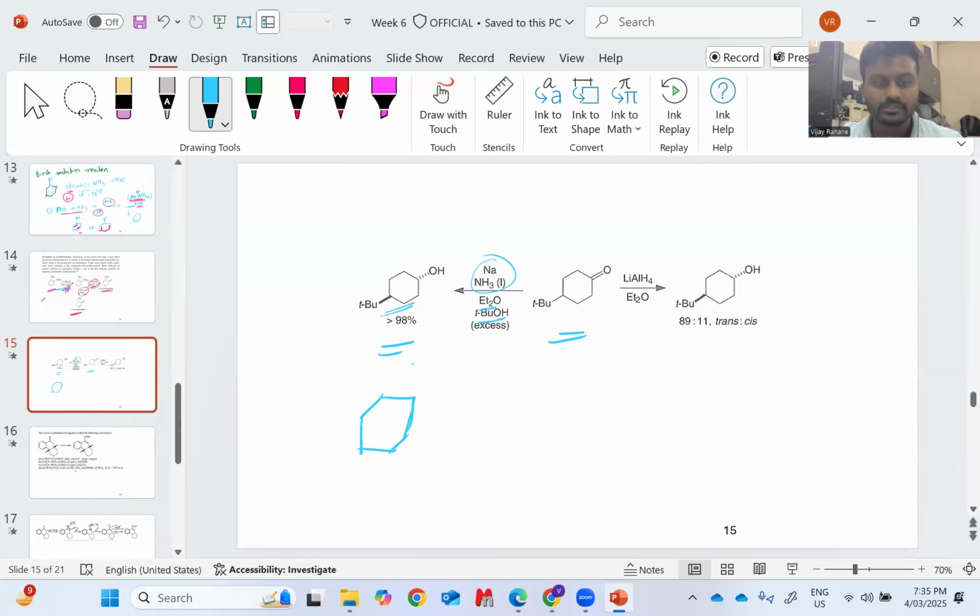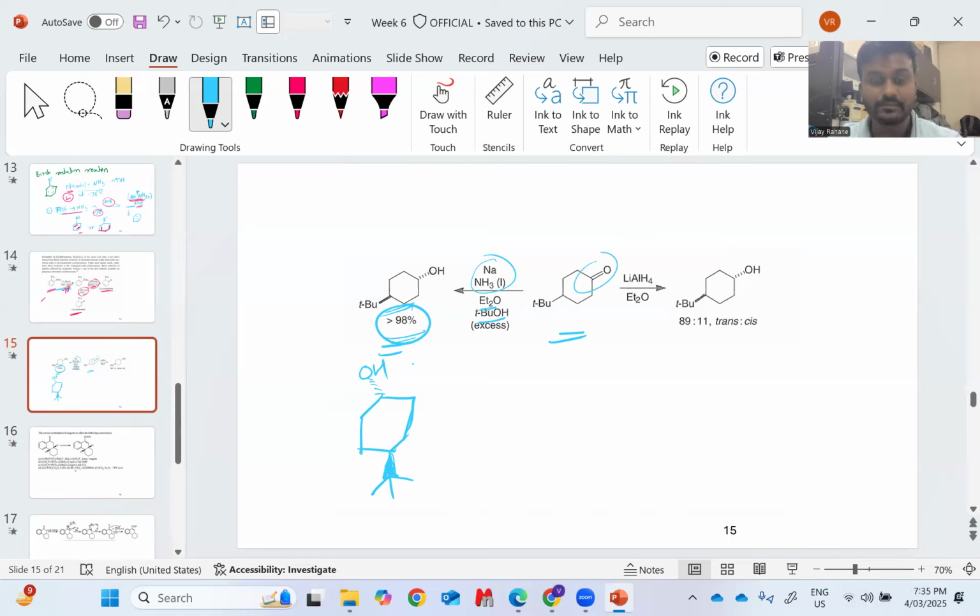In this case, you can see this is the tert butyl group, and the hydroxy group is directing alpha, and the tert butyl group is directing beta. The reduction of this ketone is stereoselective, up to 98%. Right, the stereoselectivity is 98%. So we get this product selectively.